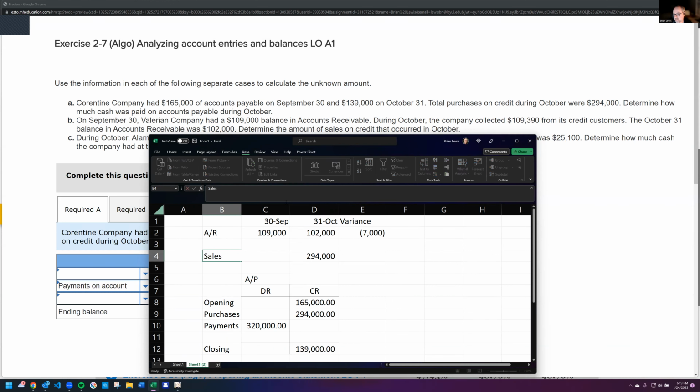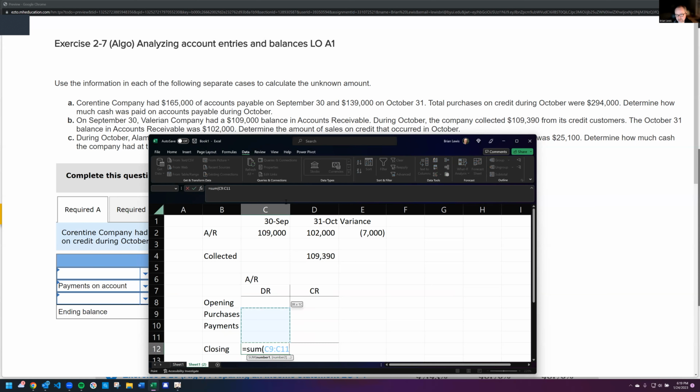Actually, let's look, what does it say? They collected 109,390. Okay. So now we change this to accounts receivable. We know that this is wrong, that's wrong, this is wrong. We actually want to redo this a little bit.